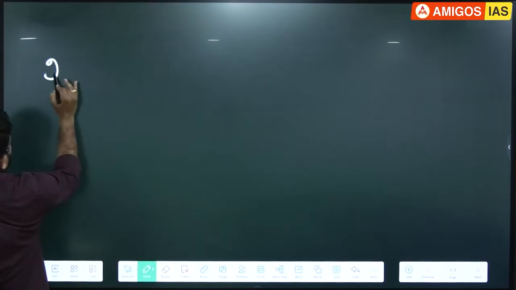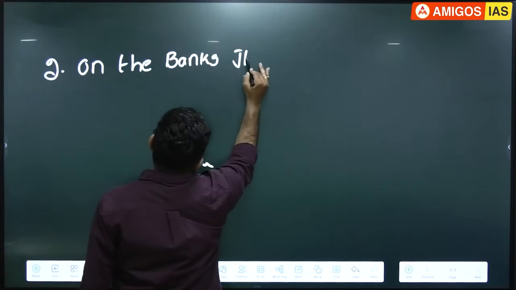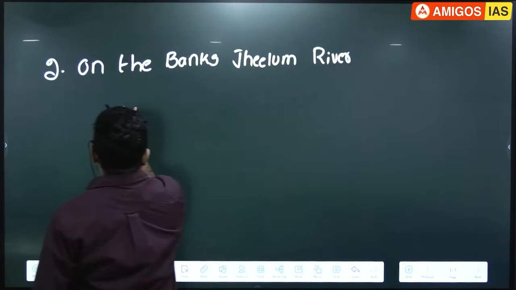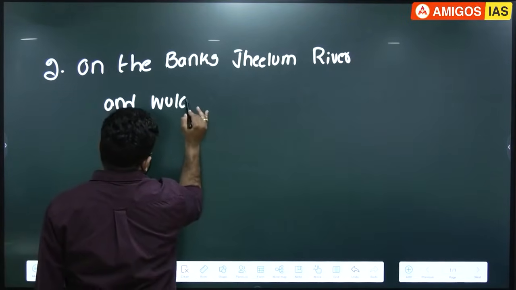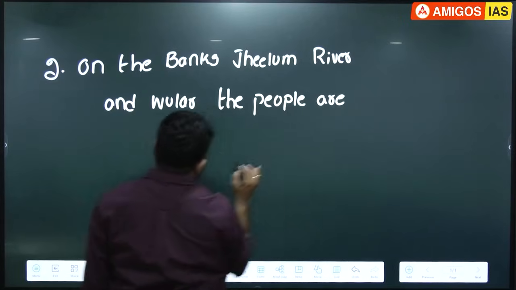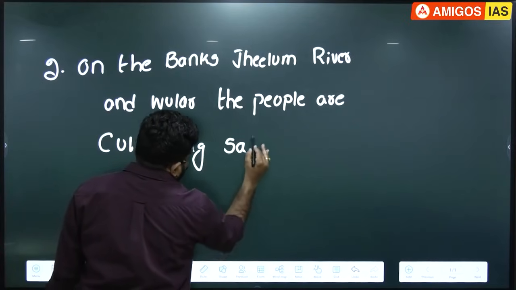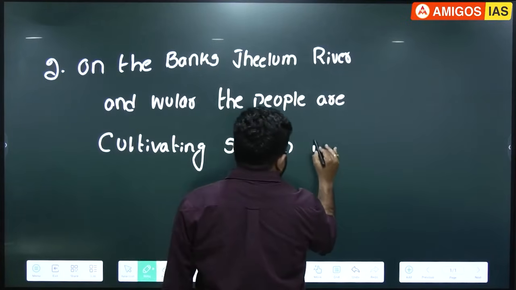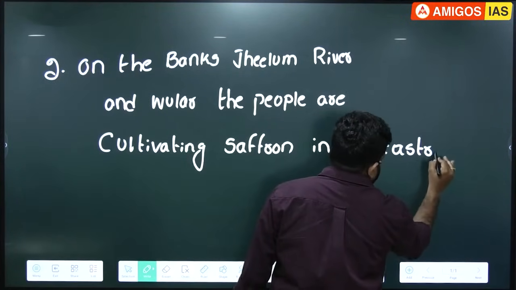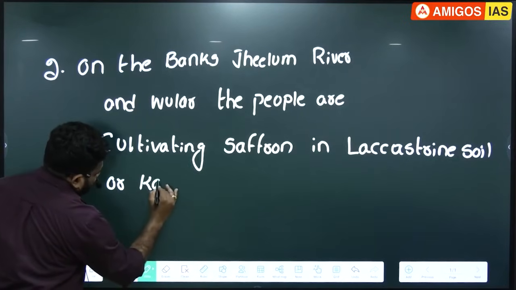The second economic activity is on the banks of Jhelum River and Wular Lake, the people are cultivating, very important point, saffron in lacustrine soil, or Kareva soil.